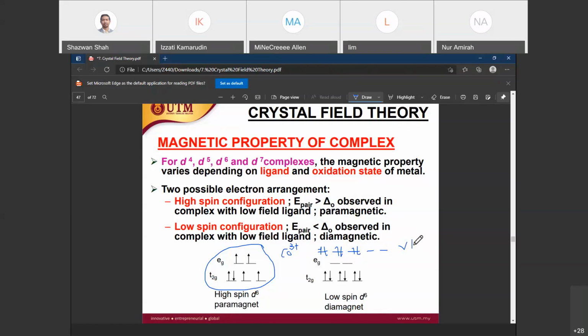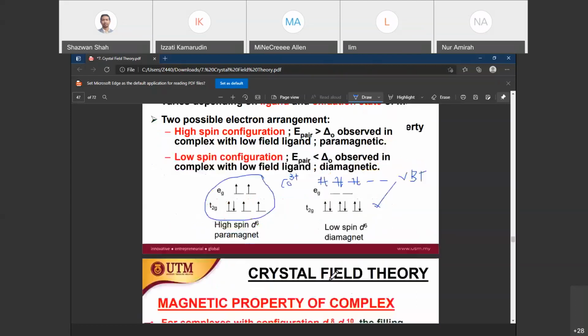But for crystal field theory, remember, you have to split it into 2 energy levels. So you have to draw something like this. Okay, so see the difference when you write the electron configuration or draw the electron orbital diagram between VBT and CFT.